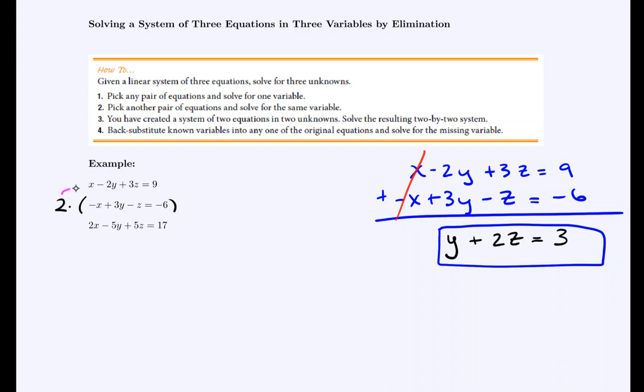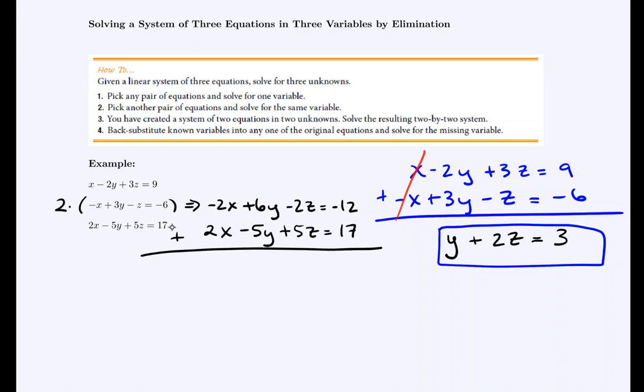We know that 2 has to go to every term, both on the left and the right side. I rewrite the third equation unchanged because already the x's cancel as designed. And we would get y plus, in this case, 3z equals 5.